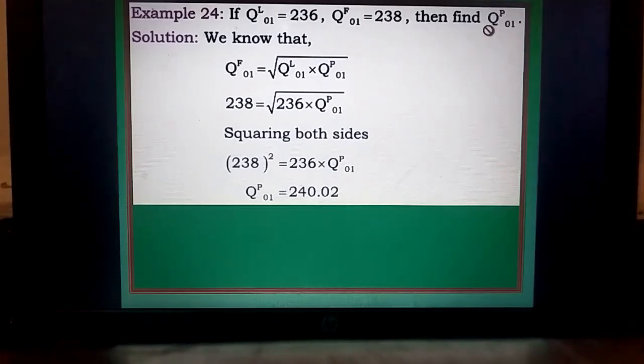In the previous problem it was asked by giving Dorbish-Bowley's, Laspeyres quantity index number. Here Fisher's has been given and Paasche's is asked.